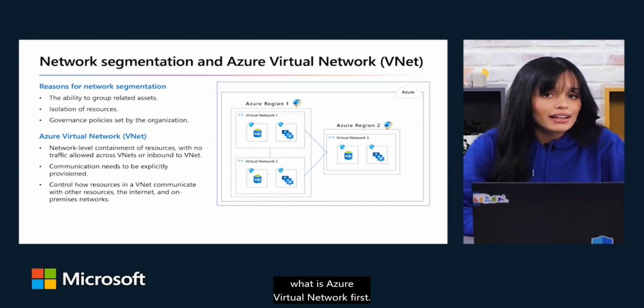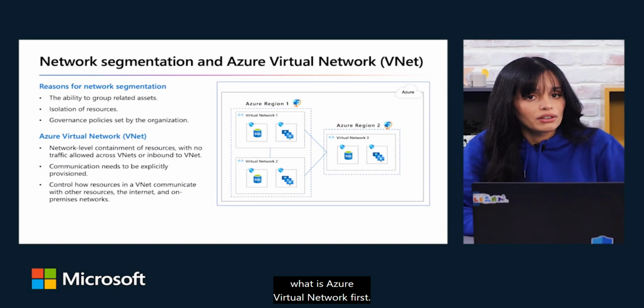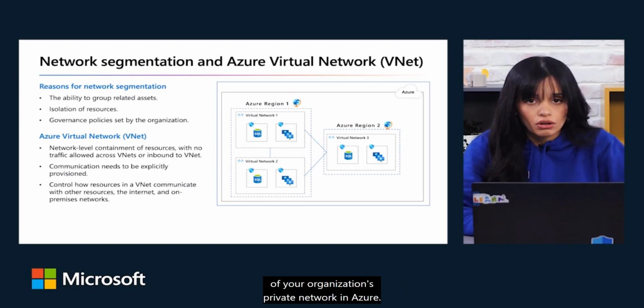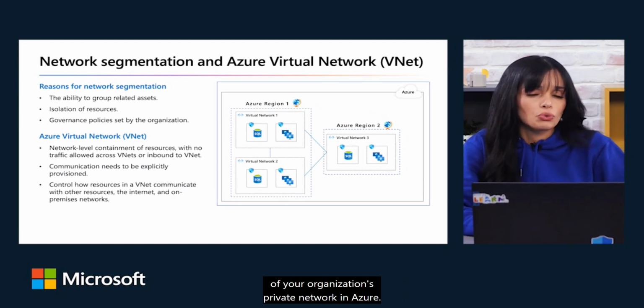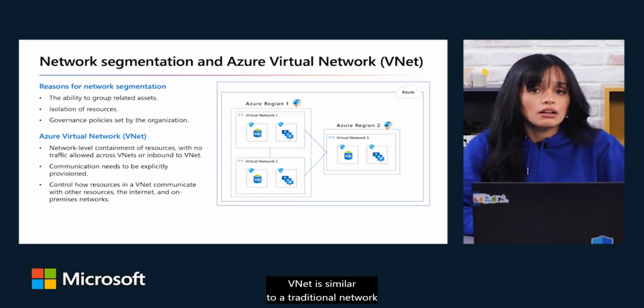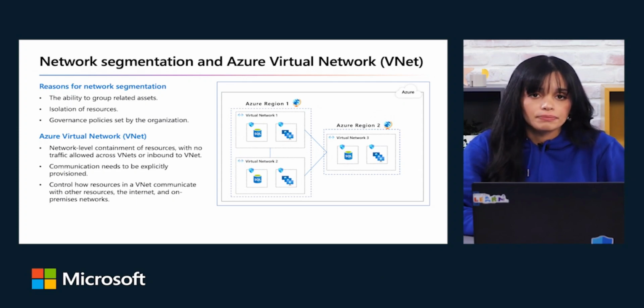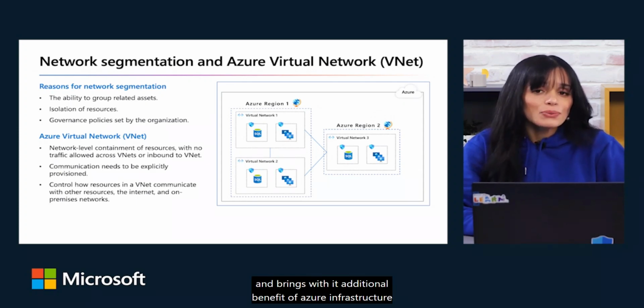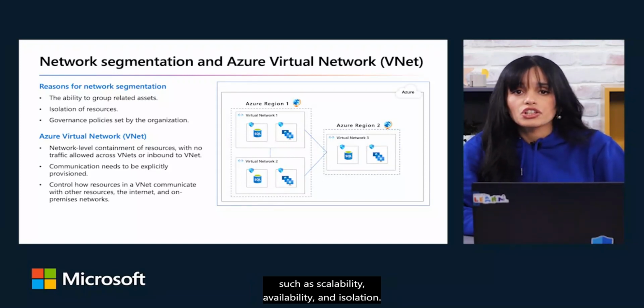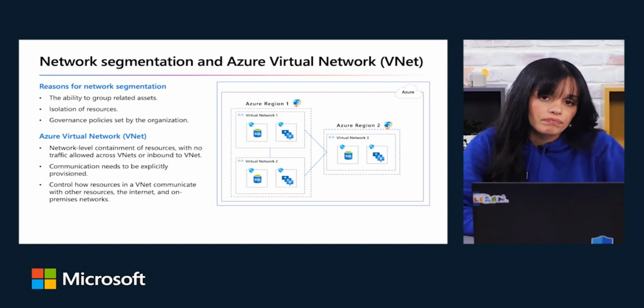Now let's understand what is Azure Virtual Network first. VNet, or Azure Virtual Network, is the fundamental building block of your organization's private network in Azure. VNet is similar to a traditional network that you would operate in your own data center, but brings with it additional benefits of Azure infrastructure, such as scalability, availability, and isolation.